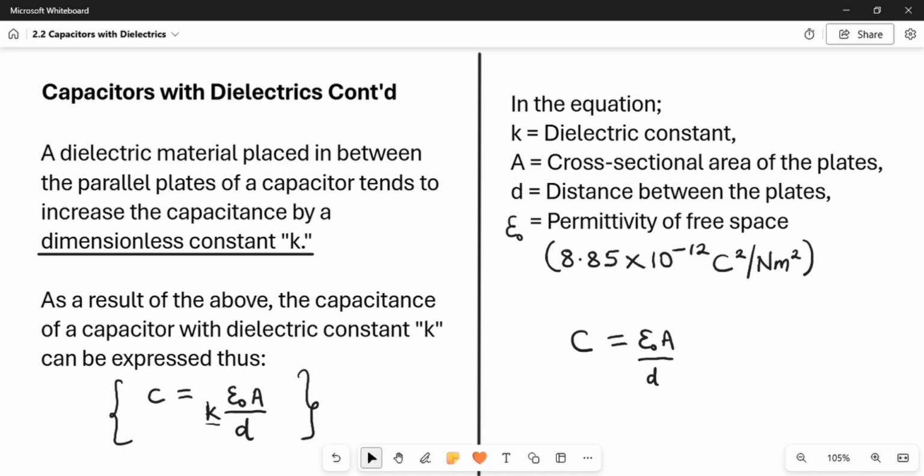In this case, K is the dielectric constant, A is the cross-sectional area of the plates, d is the distance separating the plates, while ε₀ is the permittivity of free space. So we move on.